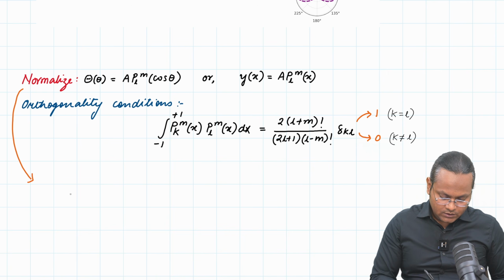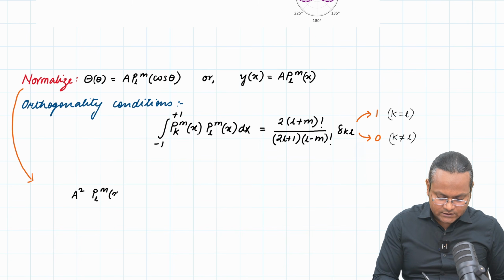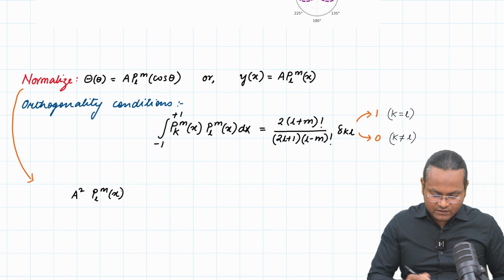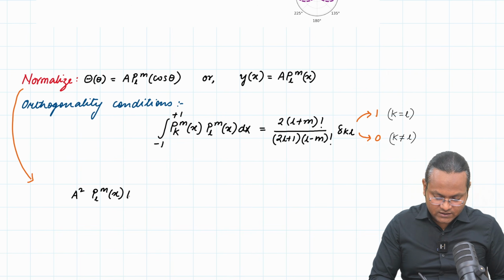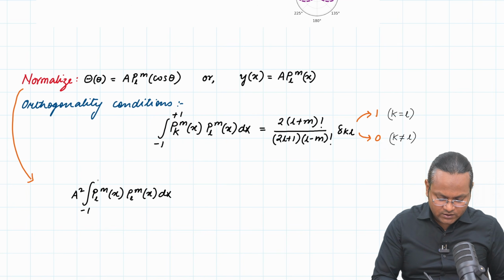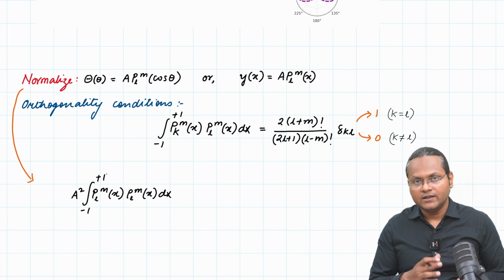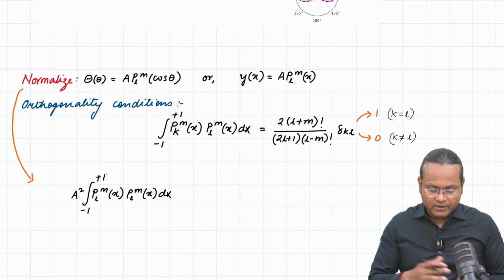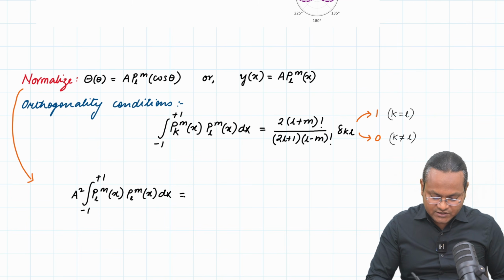I normalize, I have a square, and then I have P_l^m(x). Now, because this is a real function, I don't need to be concerned about the complex conjugate, right? Integrating from -1 to +1, because this is cos theta. So cos theta can take the values of -1 to +1 between 0 and pi. And this is essentially equal to 1.